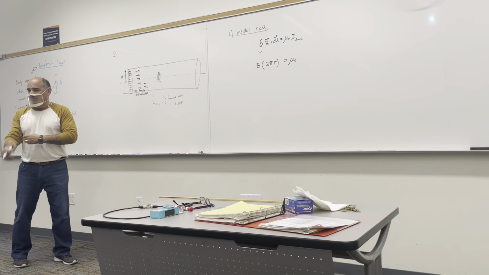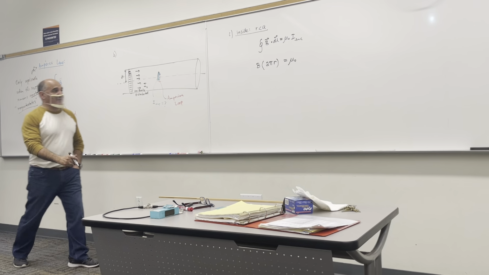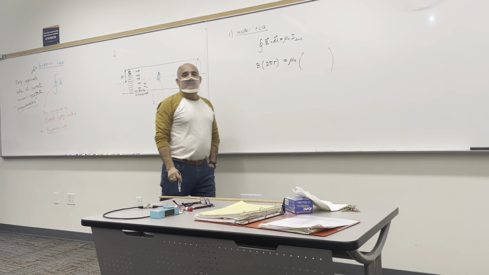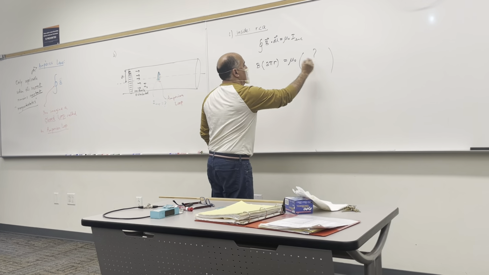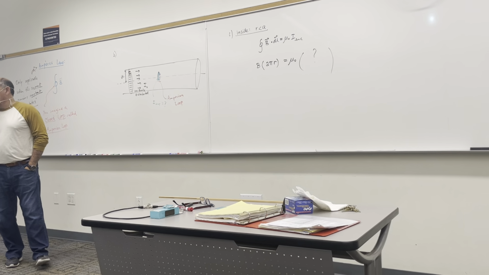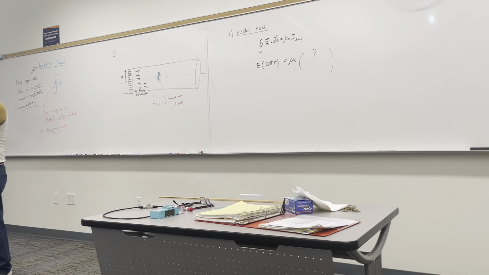It's some fraction of it. So how do I figure out I enclosed? Because that's what I need to put in here. So what goes in here? Any ideas? Uniformly distributed is a hint. Yes? Any ideas?